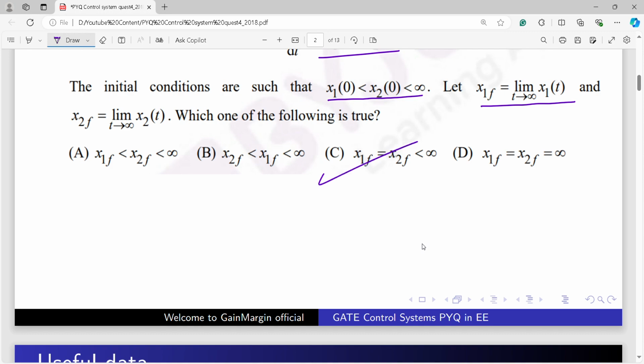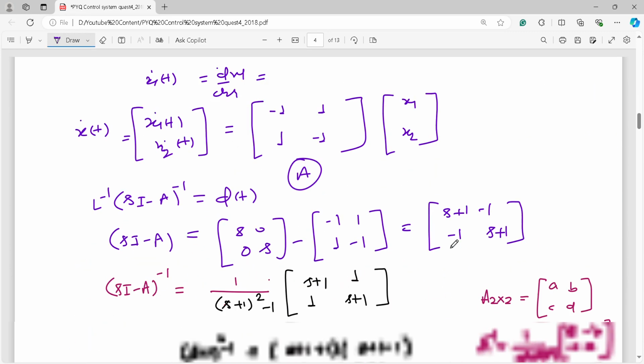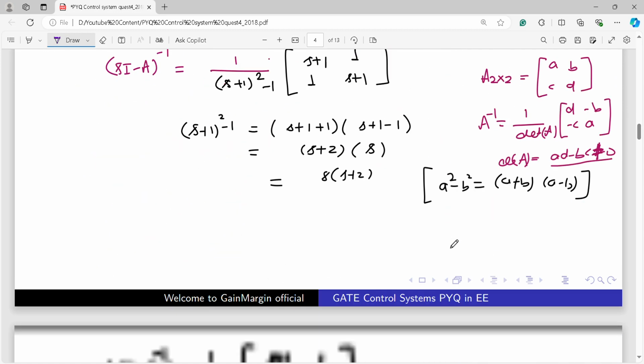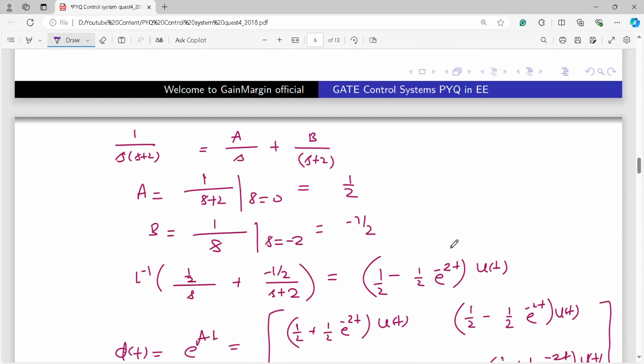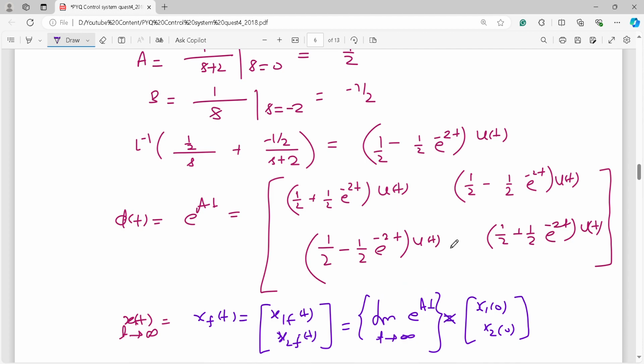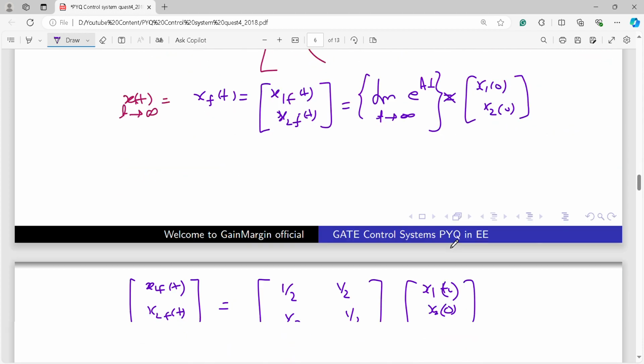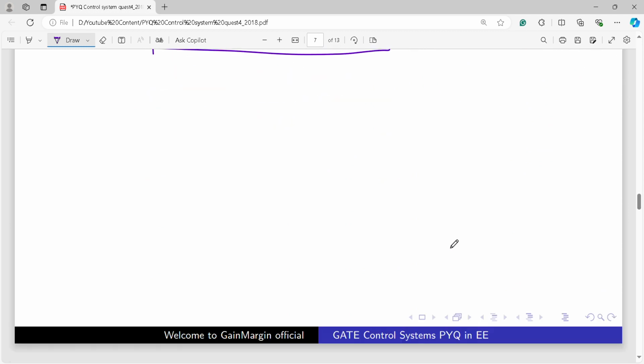Okay, and one more thing actually. The approach we used here is the standard way: we need to find out the state transition matrix, and then finally we find the final value of each individual state. One more thing: we can apply the final value theorem here.